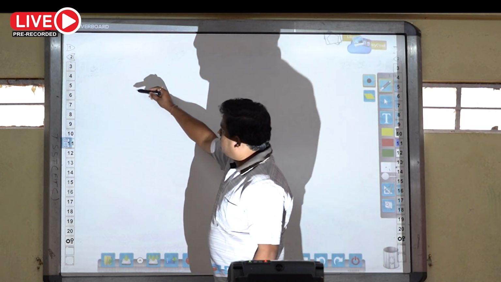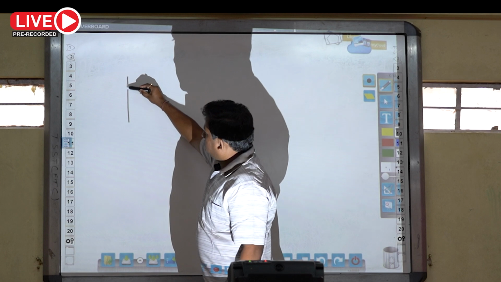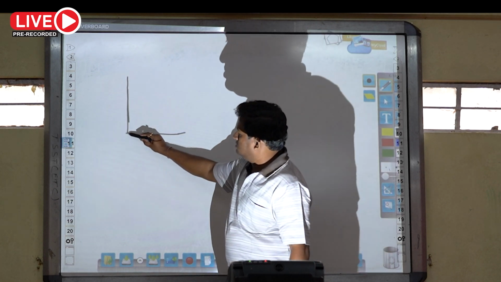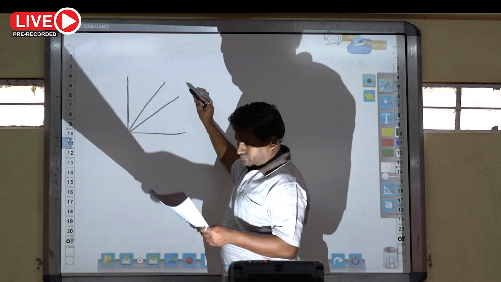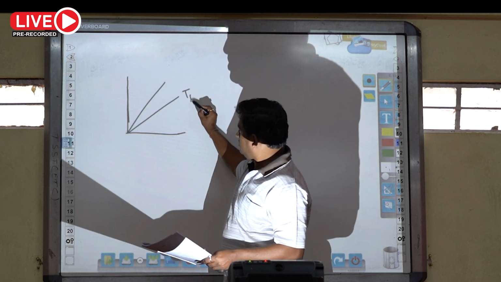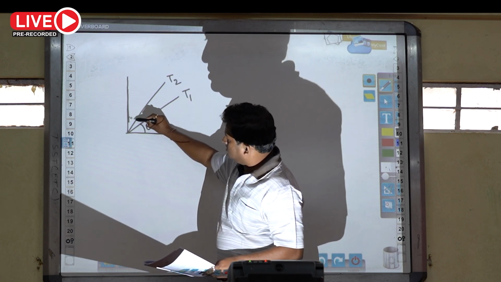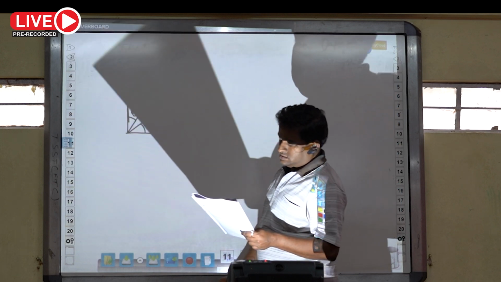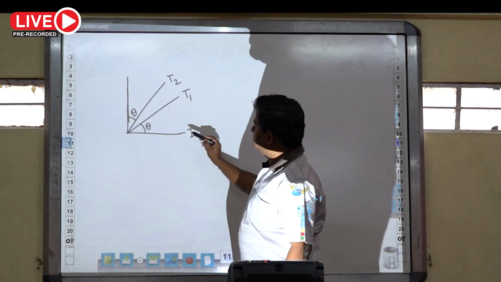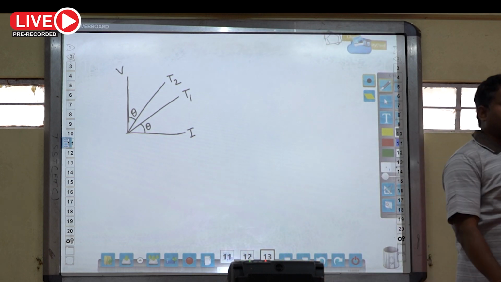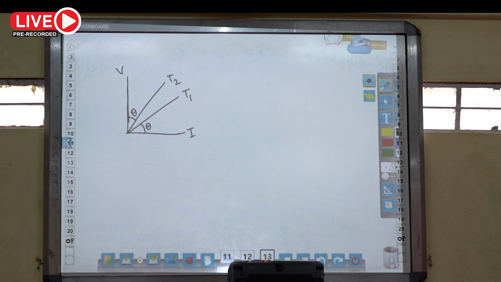See, this graph is given. This angle is theta. This is I, this is theta. Along the y-axis V is plotted, along the x-axis I is plotted. So the slope of this graph represents the resistance.